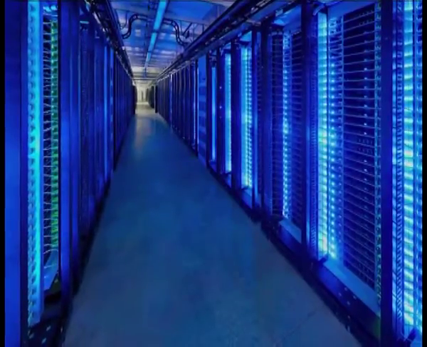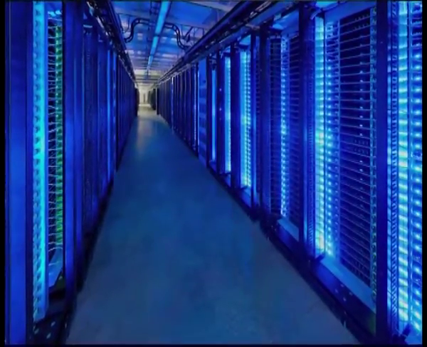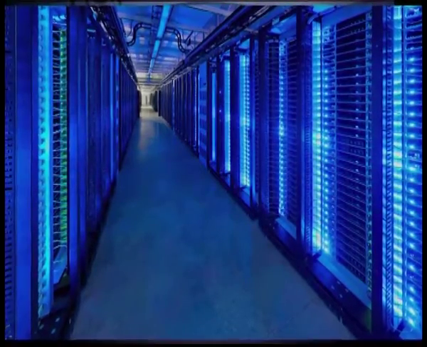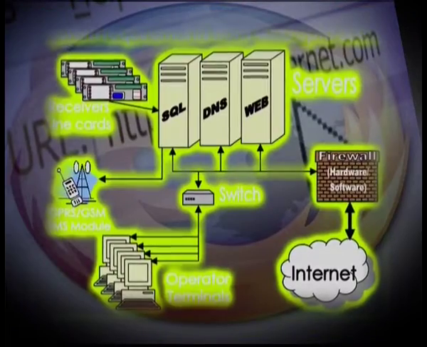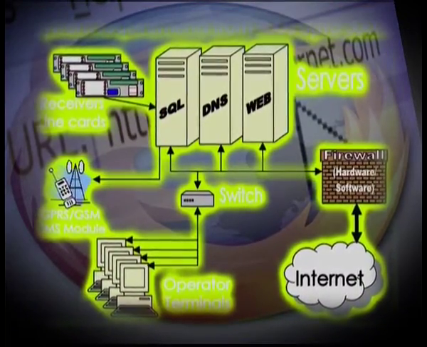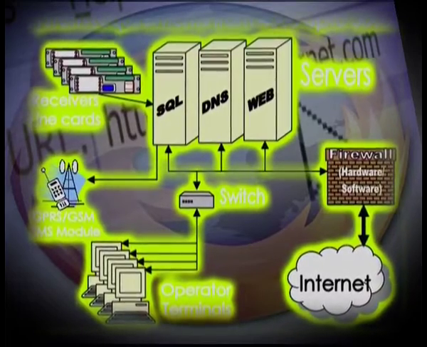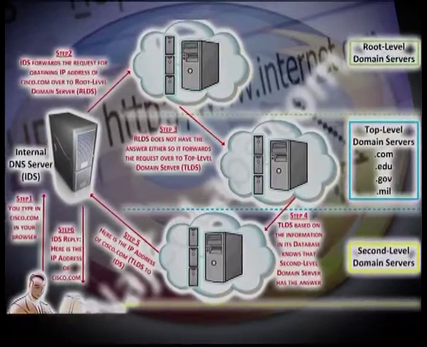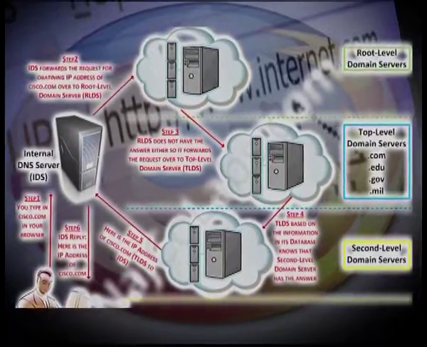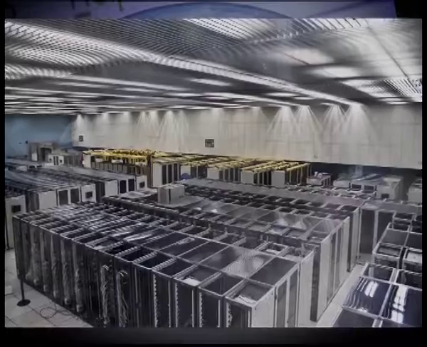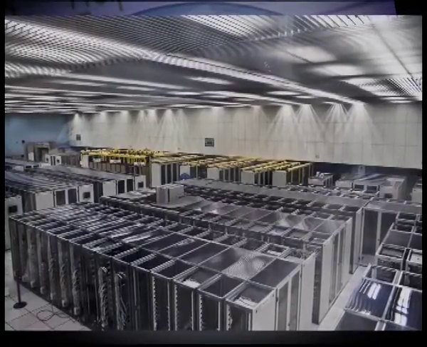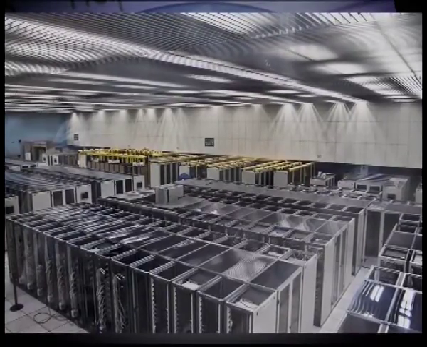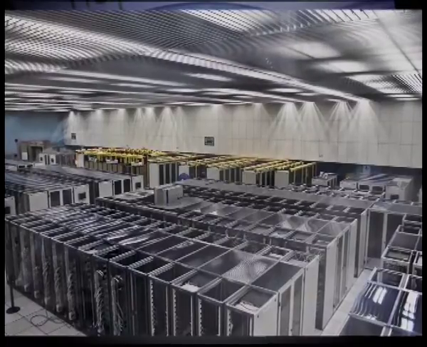Then there is the server, which is a high-end computer on which data is stored. However, to reach the server, your request has to go through several other servers known as domain name servers or DNS servers. These servers are like post offices. They direct your request to the right servers.